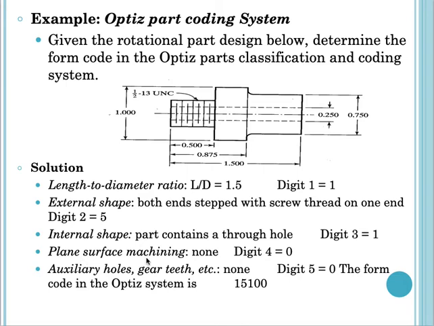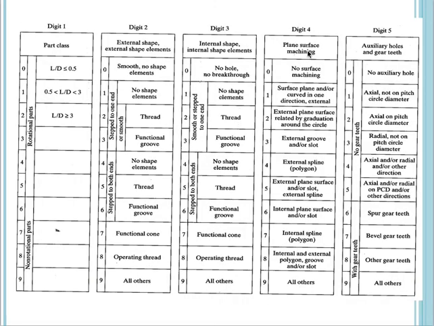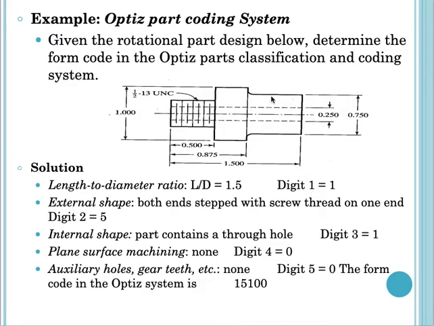If you say plane surface machining, none. Plane surface machining has not been done or mentioned here. So digit 4 is 0. The surface finish symbol is not given, so none.